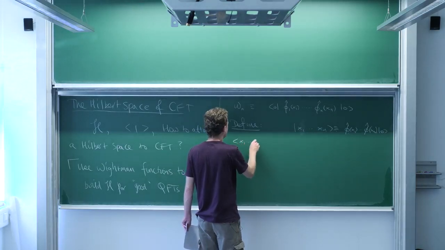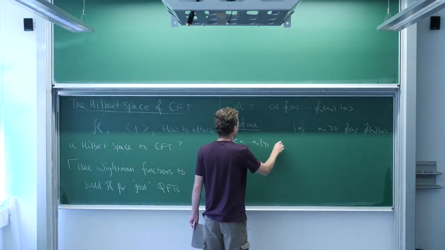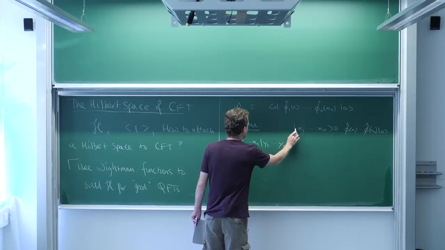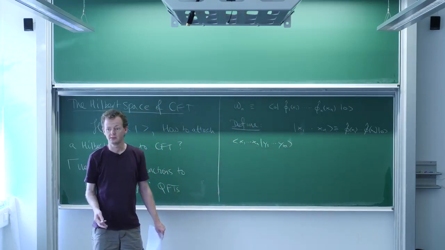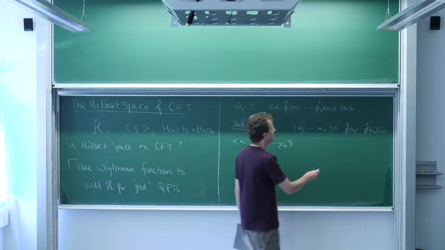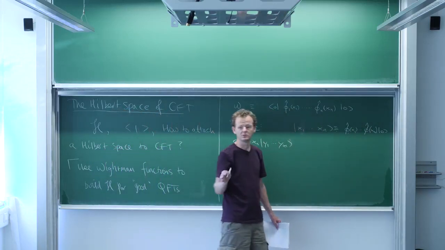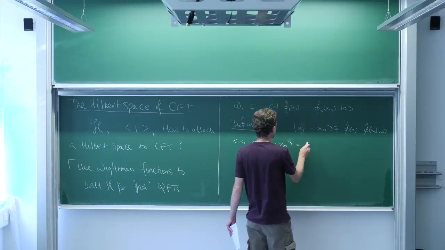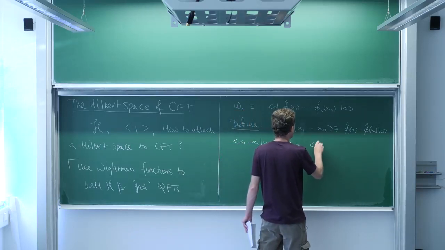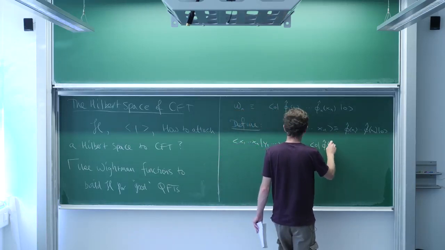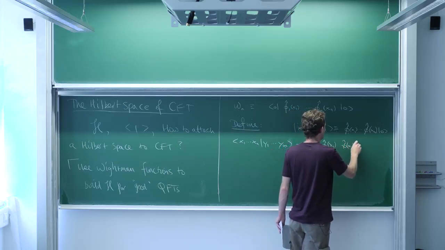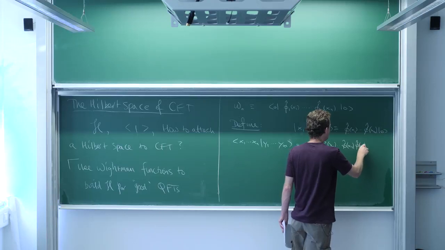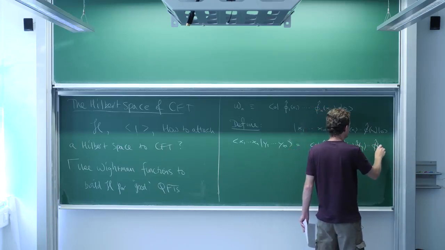Once you've got some kets, you might want the inner product. And then how might we find it? Well, if this field operator is Hermitian, and under sufficiently nice circumstances, you could just go ahead and define it like so.